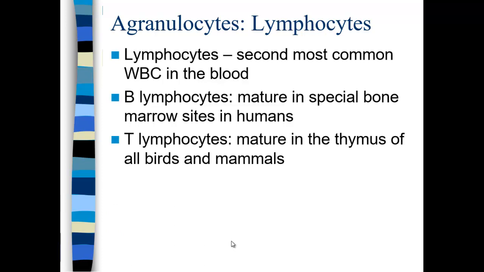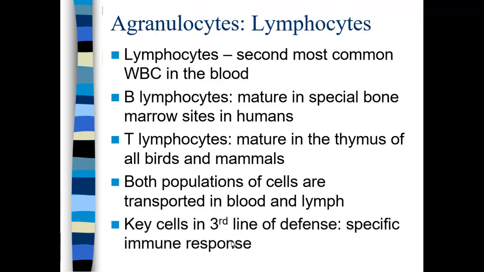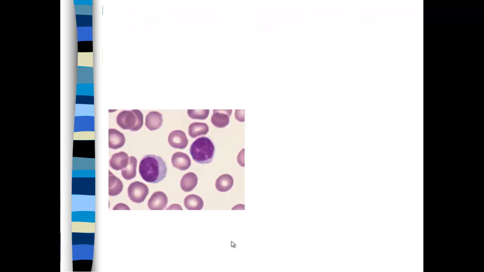And then there are T lymphocytes that mature in the thymus of all birds and mammals. Both populations of cells, T cells and B cells, are transported through blood and lymph. These are the key cells in the third line of defense. This provides the specific immune response.